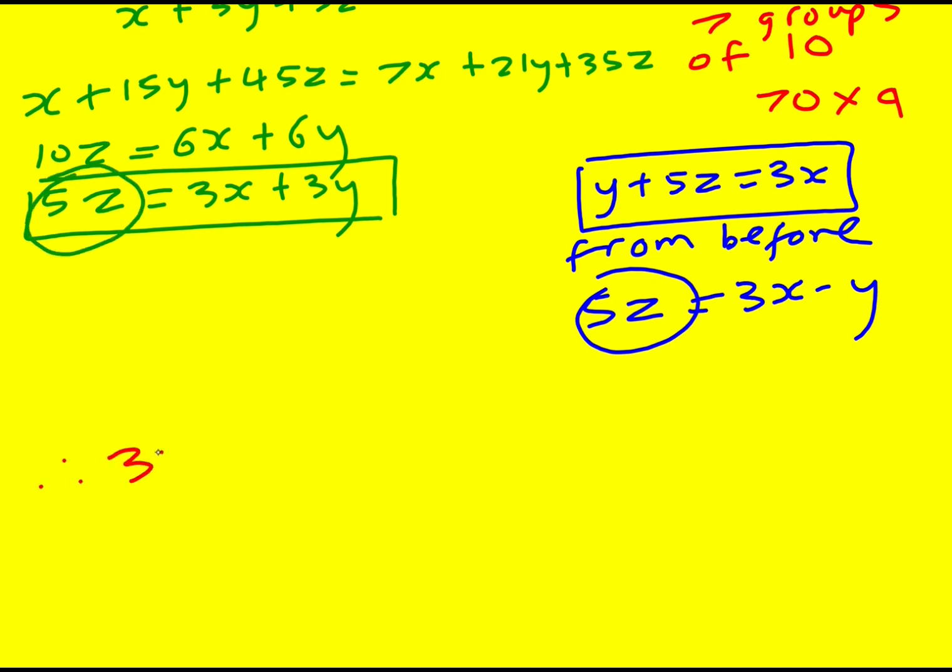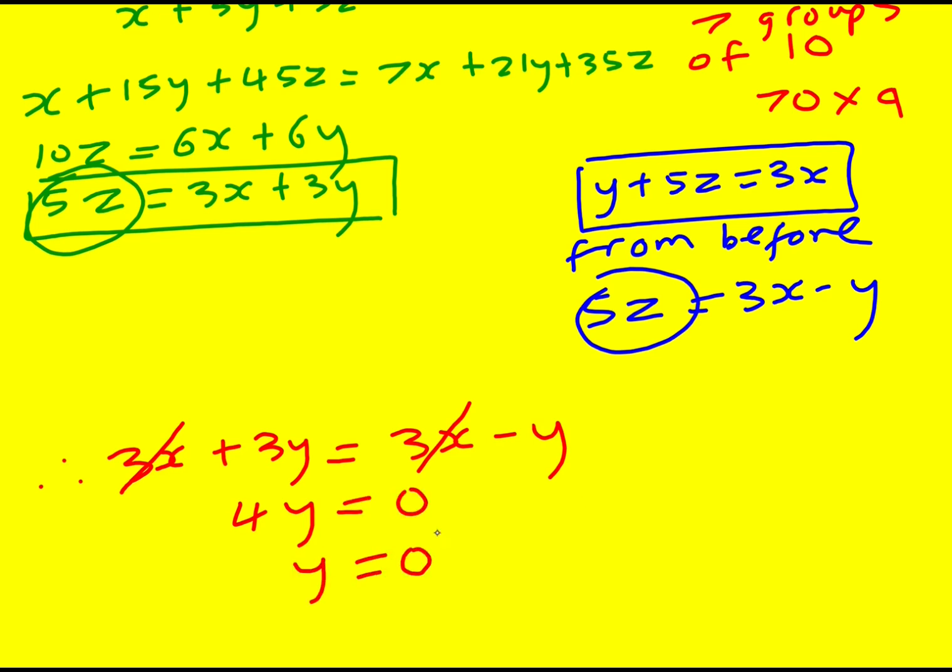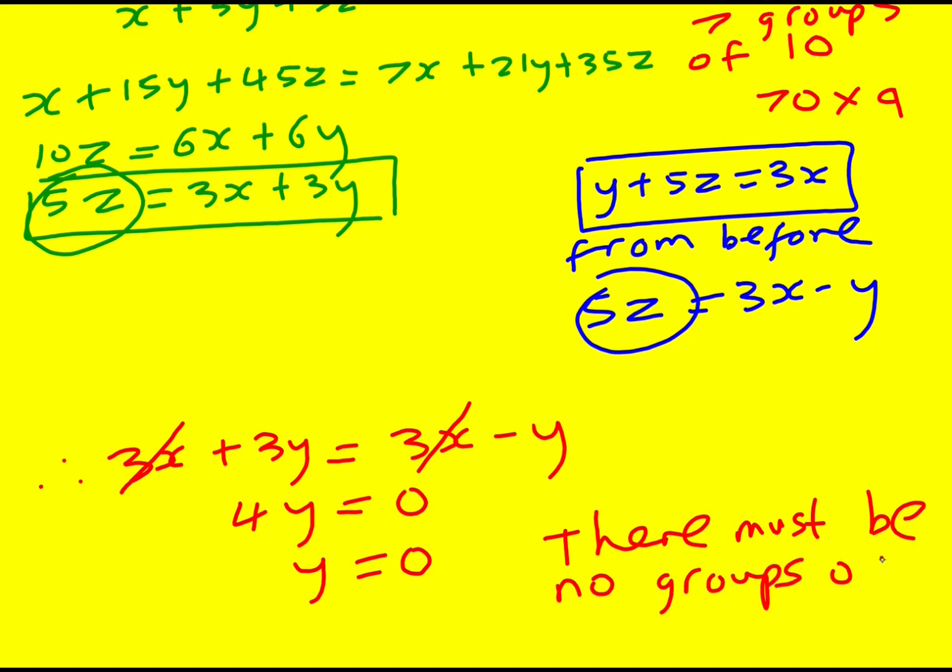So therefore, 3X plus 3Y must equal 3X minus Y. The 3X's cancel, therefore 4Y is going to equal 0, and therefore Y is equal to 0. There must be no groups of 6.